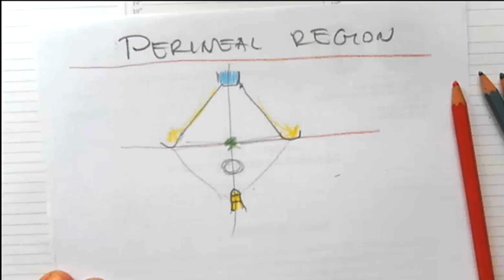So starting with the anal triangle, what could be described in the anal triangle? Not so many structures, just some points. First of all is the anus plus the external anal sphincter. Then there is the inferior rectal artery plus vein.